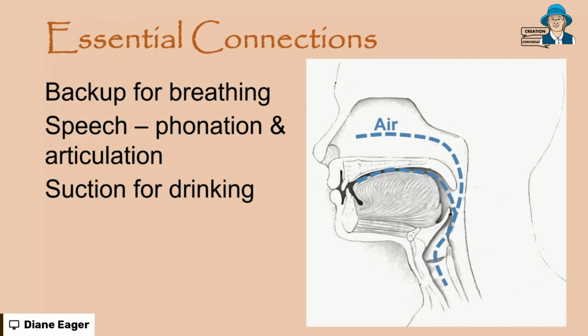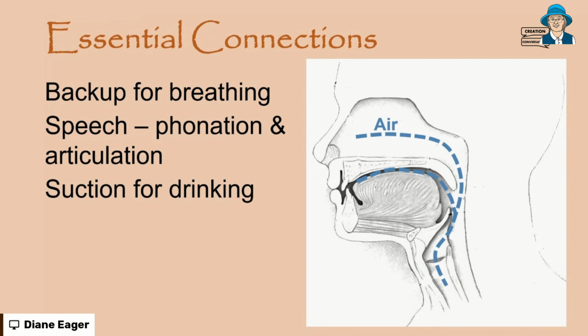Now, in order to speak, we need what's called phonation, which is the noise that the larynx or the voice box makes. But we can't speak unless we can articulate. In other words, we use the muscles around our mouth and our throat and the soft palate in order to mold the sound and make words.